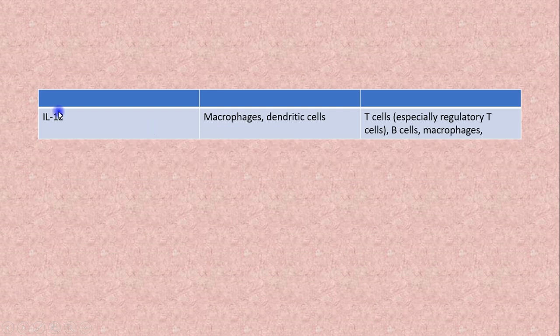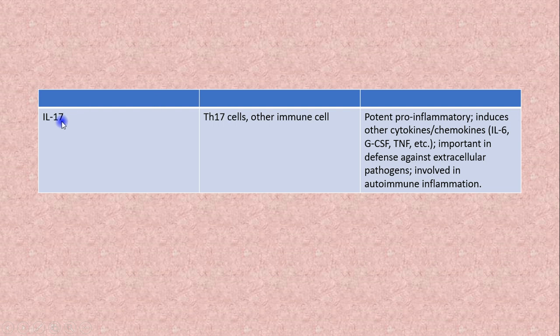We have interleukin-12, which is secreted by macrophages and dendritic cells. They carry out the function of T cells, especially regulatory T cells, B cells, and macrophages. We have interleukin-17, which is secreted by T helper 17 cells and other immune cells.